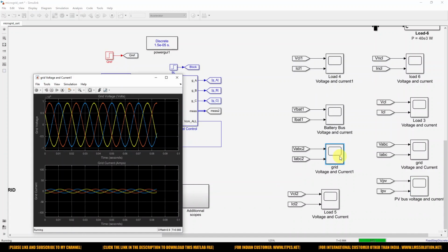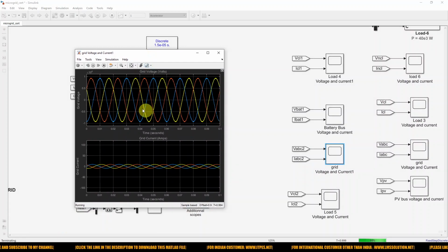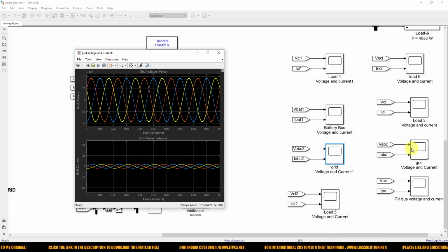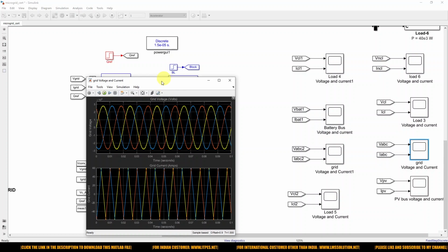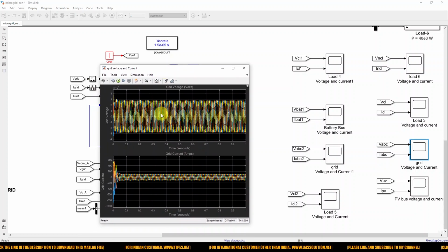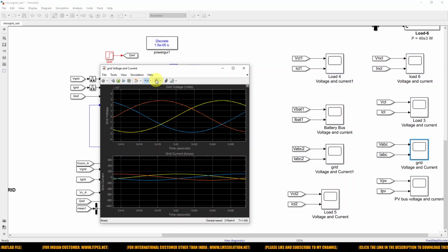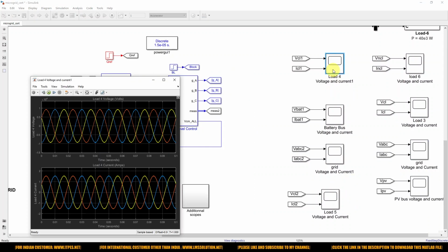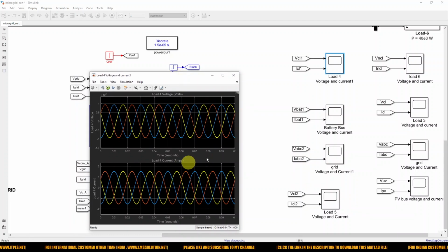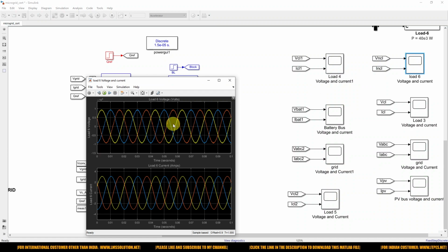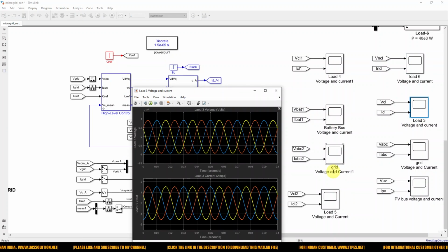This is the secondary of the grid transformer voltage and current. This is the primary of the grid transformer voltage and current. Then here you can see the load 4 voltage and current, the load 6 voltage and current, and then the load 3 voltage and current.